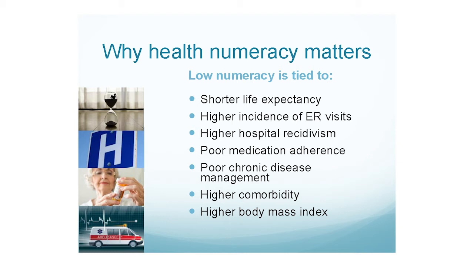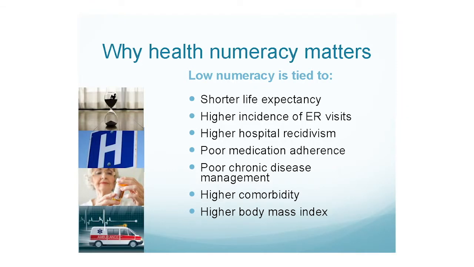If your blood sugar level is out of control, or your CHF, your congestive heart failure, is out of control, you end up going to the hospital much more if you're not keeping close tabs on it. Also, we talked about the gentleman who ended up in the emergency room because he took the wrong number of pills. Higher hospital recidivism. So people are going back to the hospital a lot more with the numeracy issues.